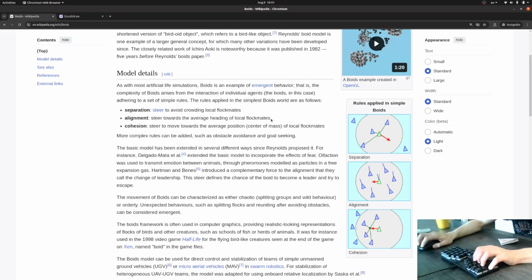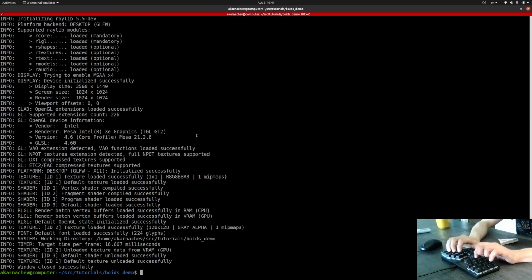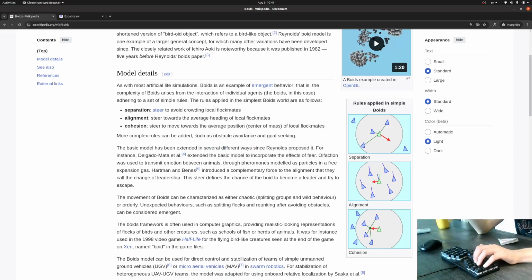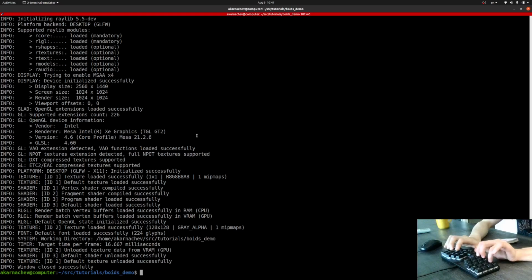Average heading of local flock may steer towards. I think it doesn't change the absolute value. So we want to change the direction, and we want to align the direction towards the average group direction.